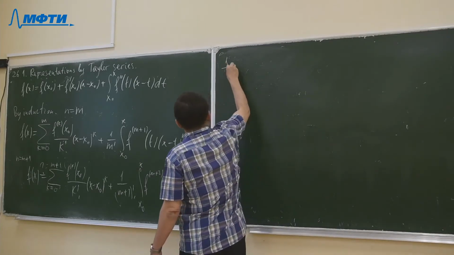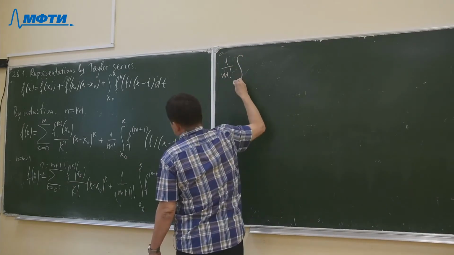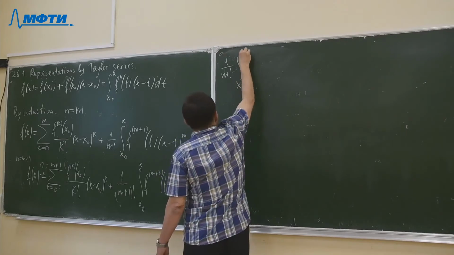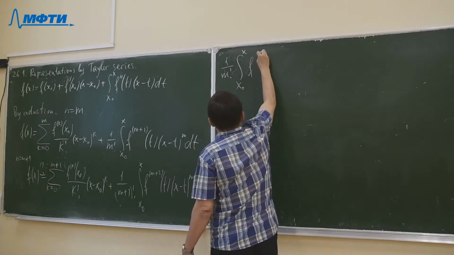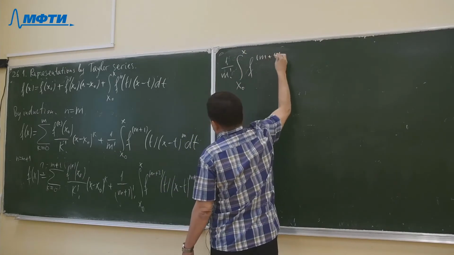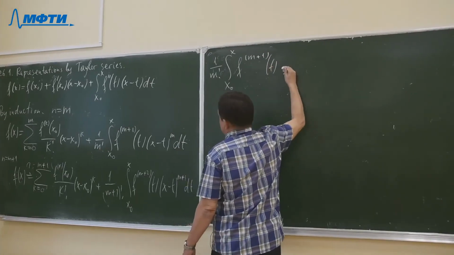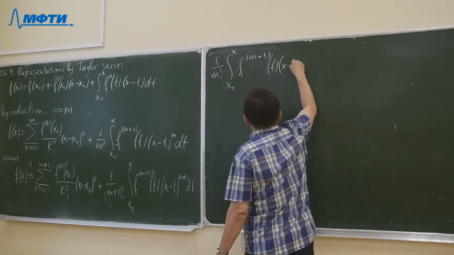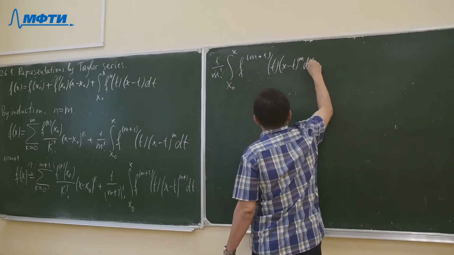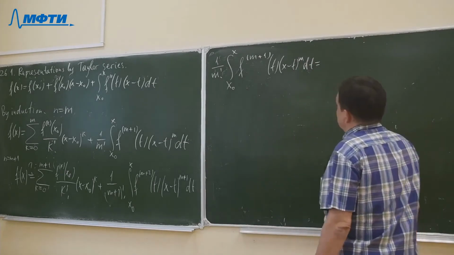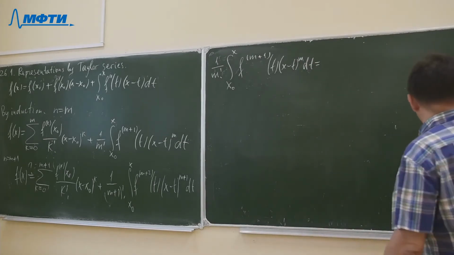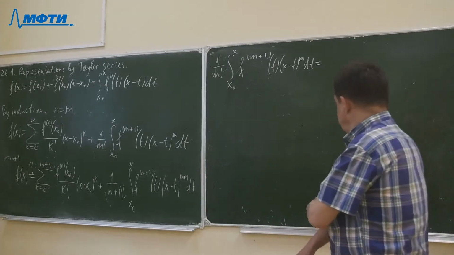So let me rewrite this integral, which we have: derivative of order m plus 1 of t times x minus t power m dt equals. So remember, x is fixed. Okay, let's continue.